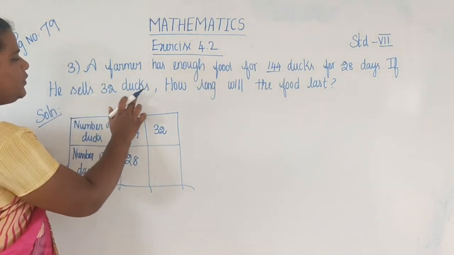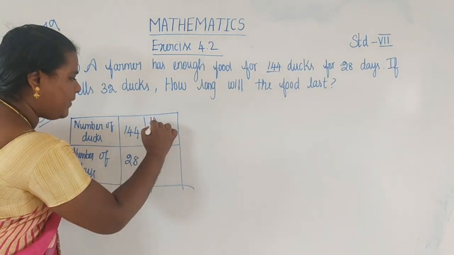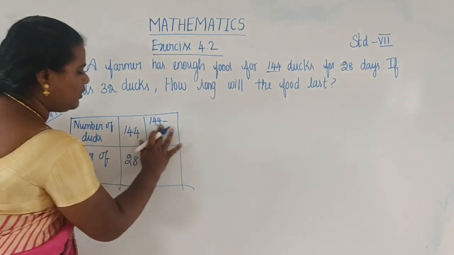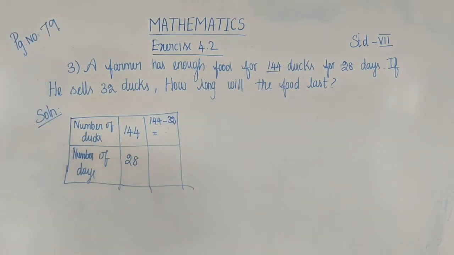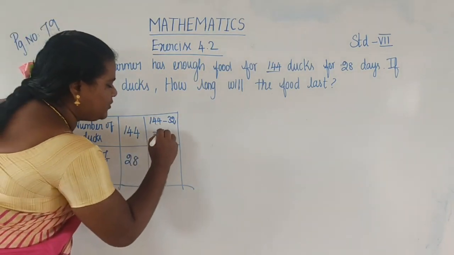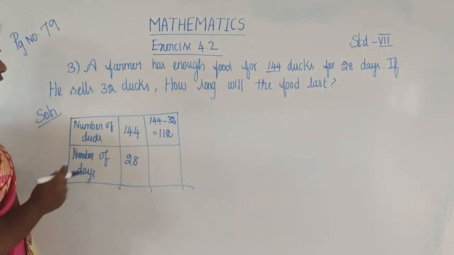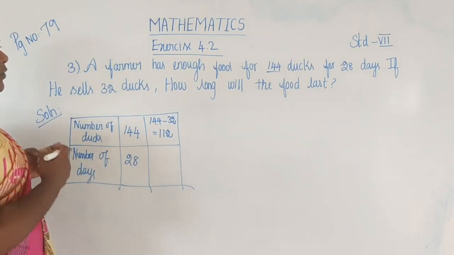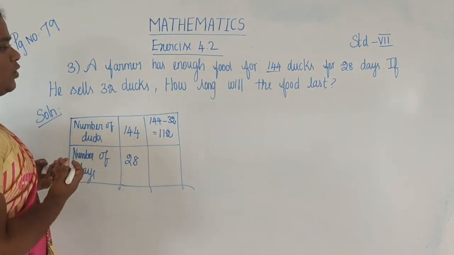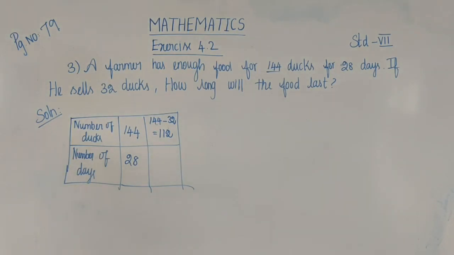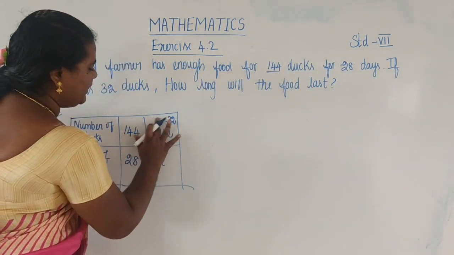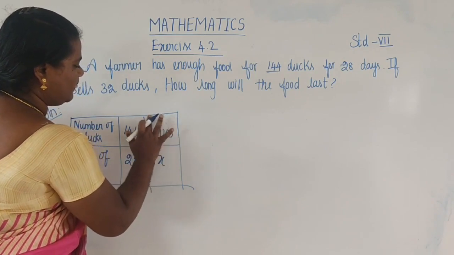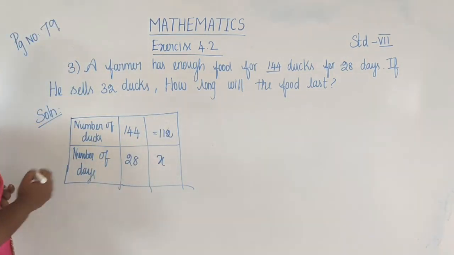He sells 32 ducks, so 144 minus 32, which is 112 ducks. How long will the food last? This one is unknown, so now we take x.